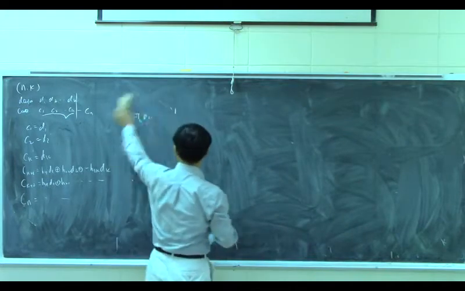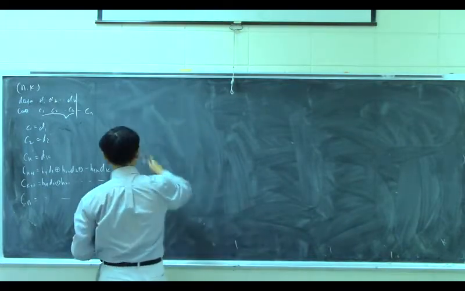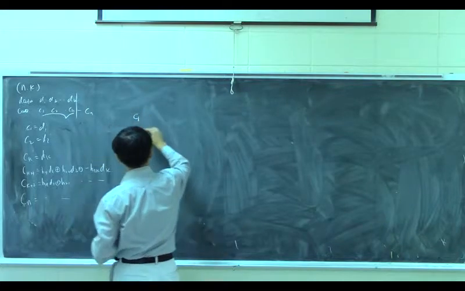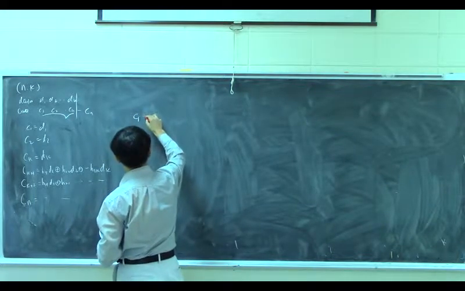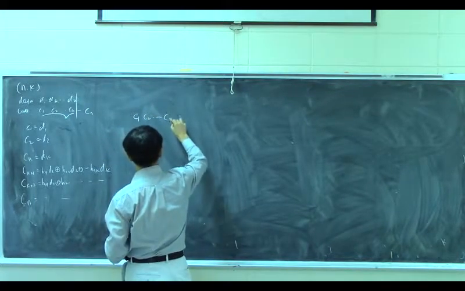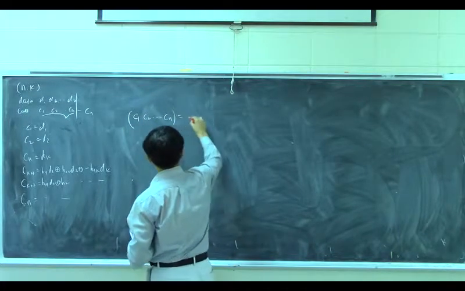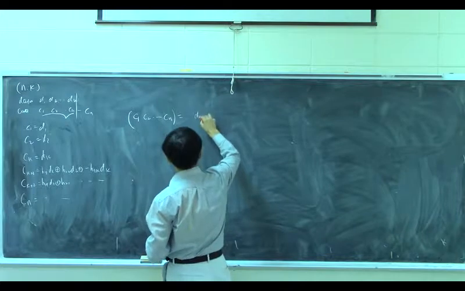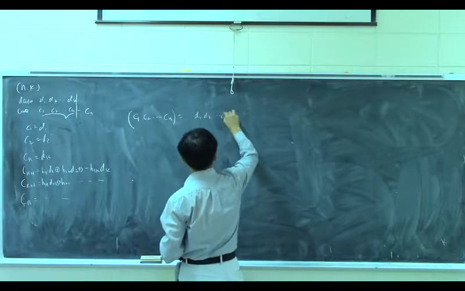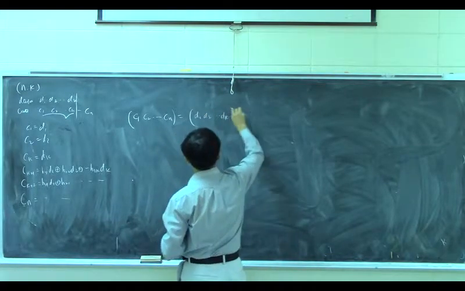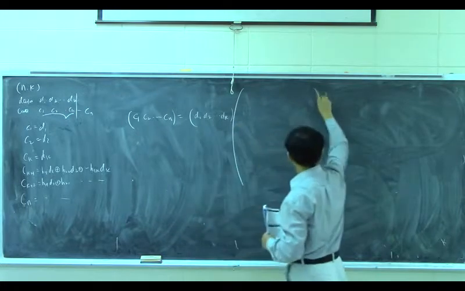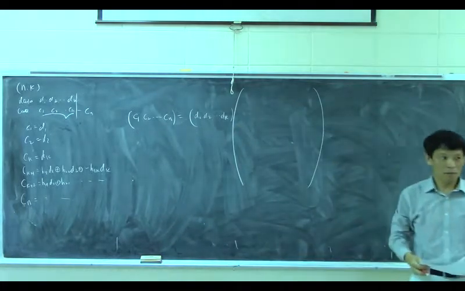Okay, I write this. The code C1, C2, ..., Cn equals D1, D2, ..., DK times a matrix. What is this matrix?